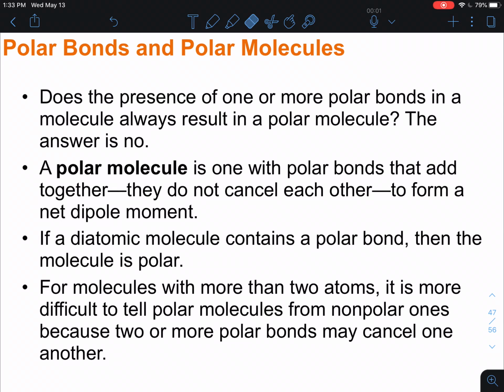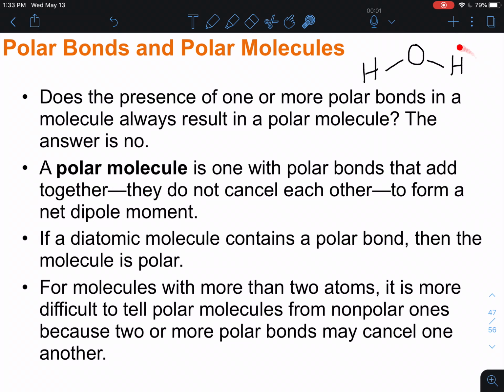So let's first talk about what it means to be a polar molecule. A polar molecule is one with polar bonds that add together. They do not cancel each other out, and they form a net dipole moment. Just like what we talked about with water, those two bonds between O and H are considered polar.